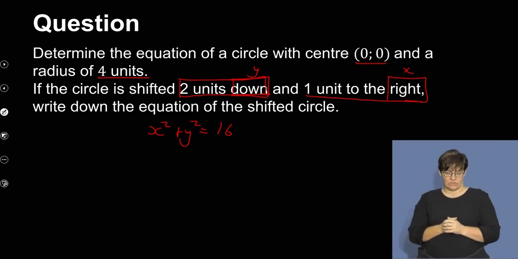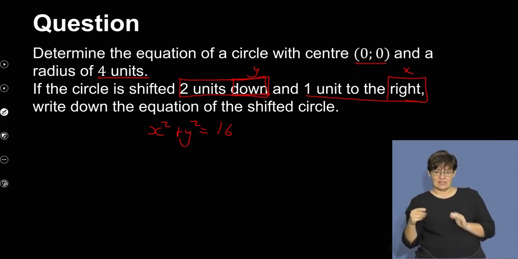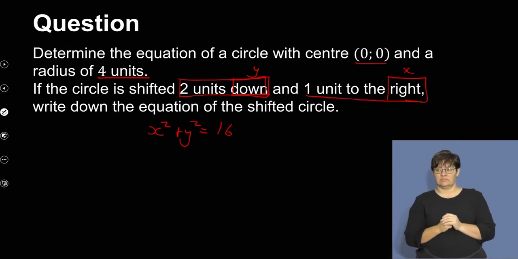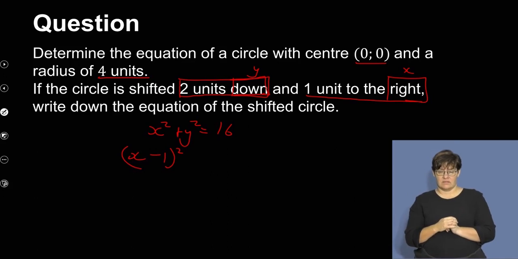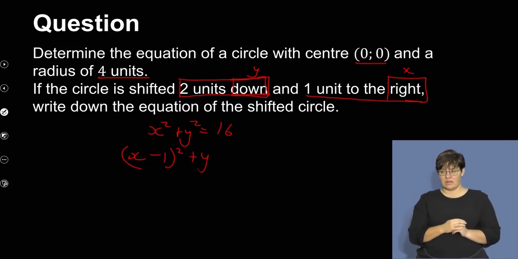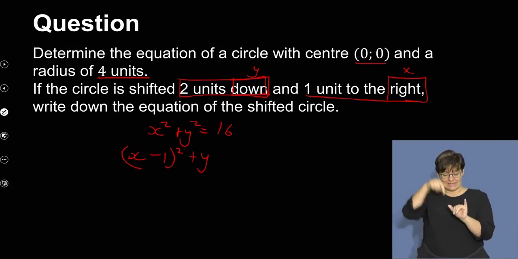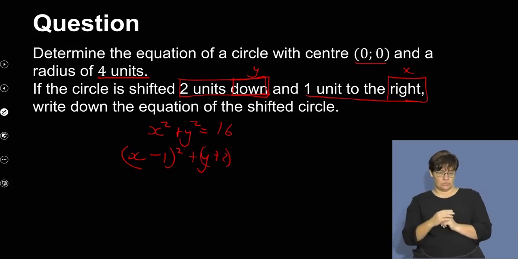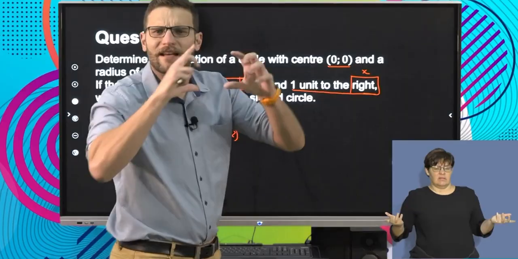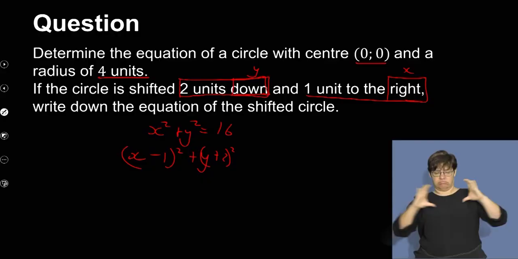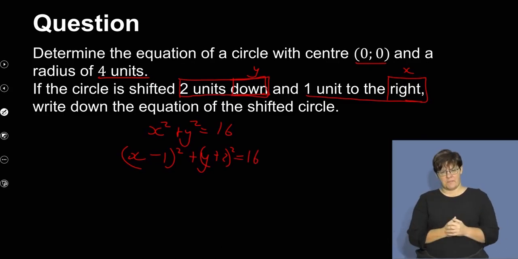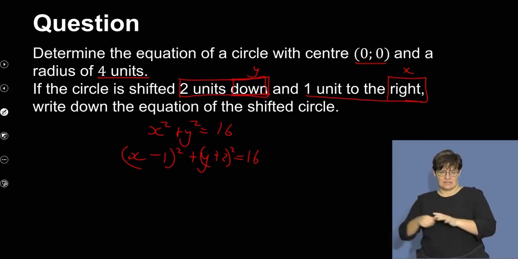So right is going to be negative. It says 1 unit to the right, and so this is going to be (x minus 1) squared. And this is going to be (y plus 2) squared, down is going to be plus 2. And what happened to the radius? Well, nothing. It's exactly the same circle that's been shifted, and so the radius stays exactly the same, and it's going to be equal to 16.